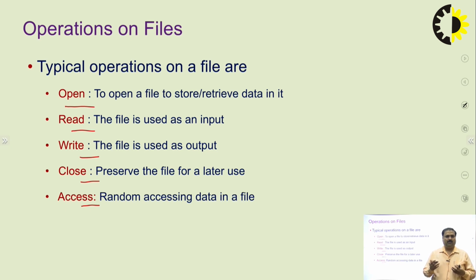Normally, we access the file as a sequence of bytes, so the pointer moves byte by byte. If we want to get data randomly, then random access of the file is also possible. That operation is called the access operation.